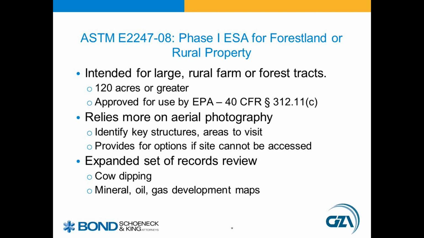This was done by cow dipping, which involved dipping the cattle in a solution of arsenic or sometimes crude oil. And that would kill the ticks, and the cattle would then be free of the disease. However, those cow dipping vats and ponds present problems today. So it's important to look for those when we're looking at old farmland.